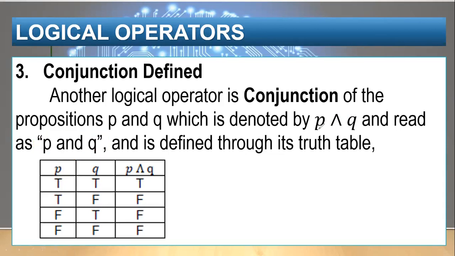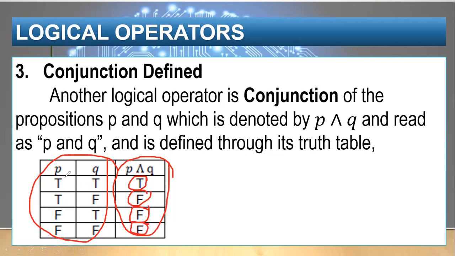Ginagamit siya sa dalawang proposition. So marunong na kayong maggawa nitong P and Q na to. So, for column P and Q, conjunction na ni P and Q. So paano natin malalaman itong mga truth table na to?